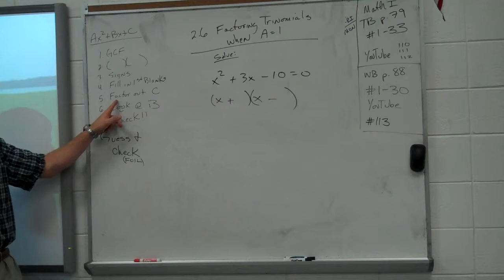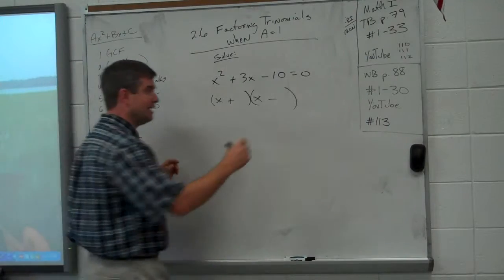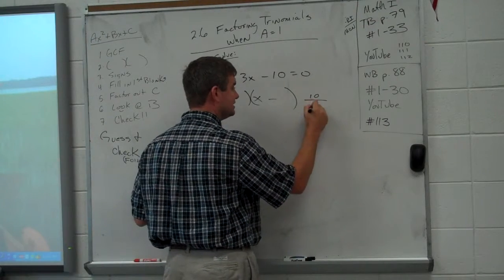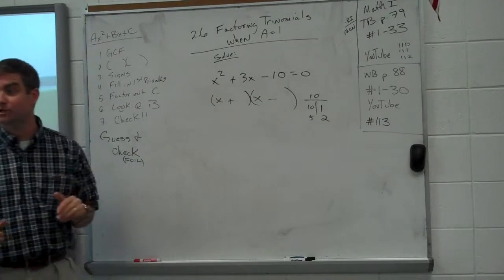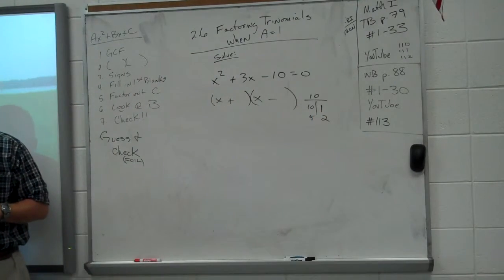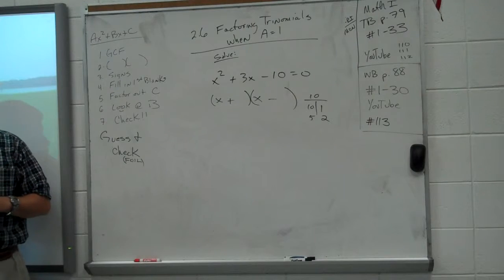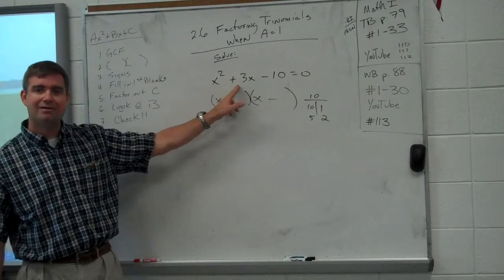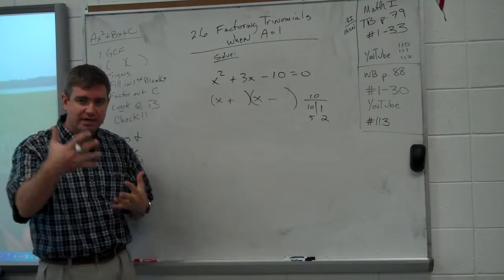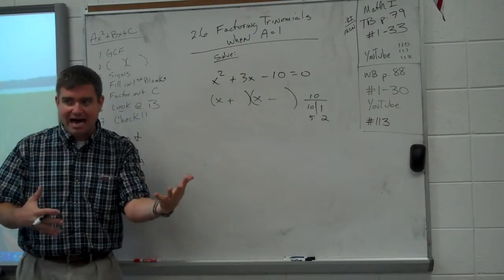Now what? Factor out C. What does 10 break down into? 10 and 1, and 5 and 2. Now here's, like I said again, if you're a chess player, you're going to do well at this. Looking at B, step 6, how can I get positive 3 out of 5 and 2?